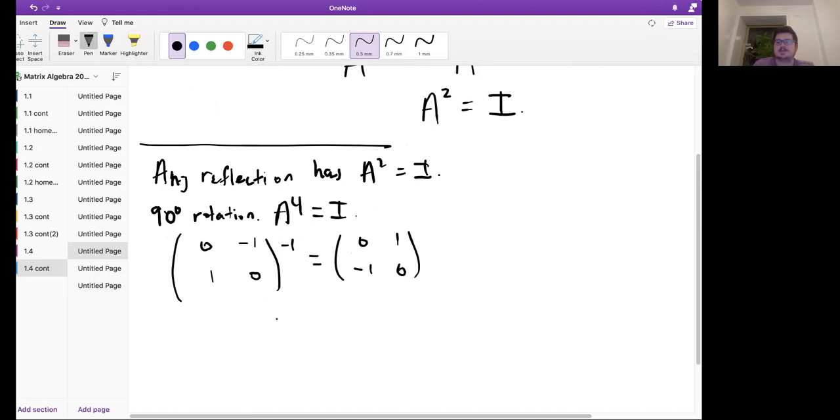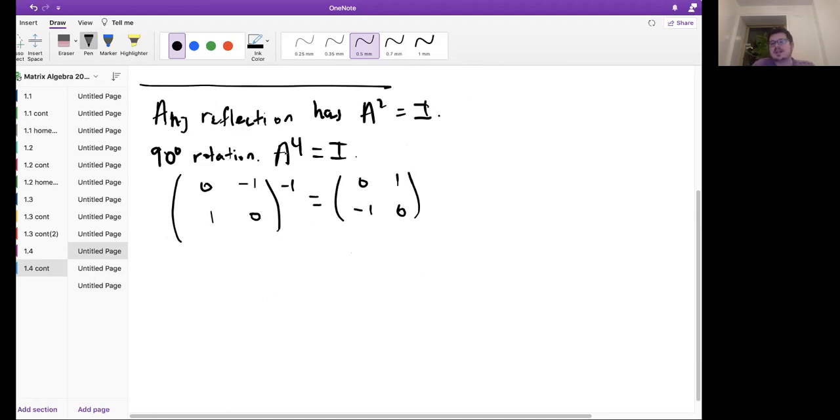Notice that if a to the 4th is equal to I, that means a times a cubed is equal to I. So the inverse is equal to a cubed. Also interesting that its inverse can be a higher power of itself.